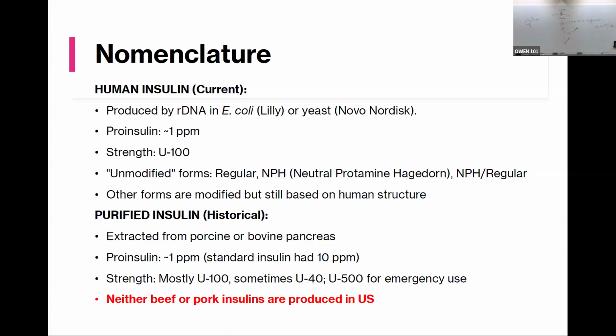So that's U100, right? And then you have unmodified forms like regular insulins or NPH, like I said just now, neutral protamine Hagedorn. And then we have a mixture. You can mix NPH with the regular one.